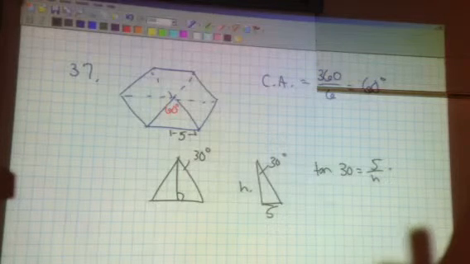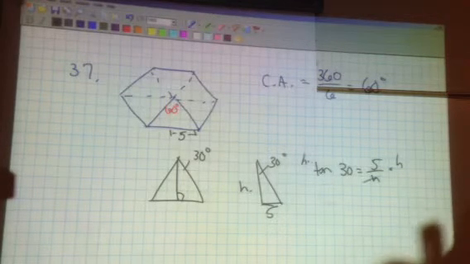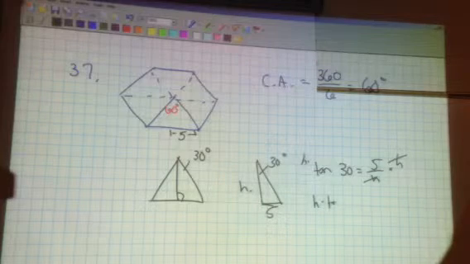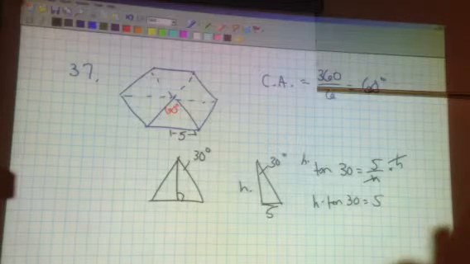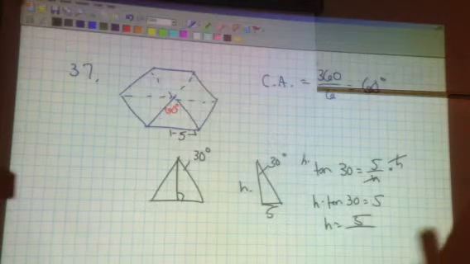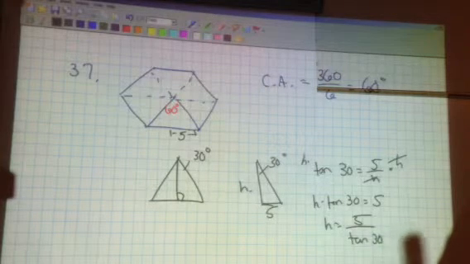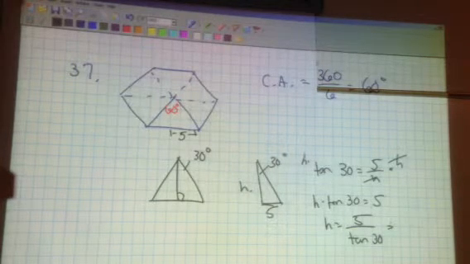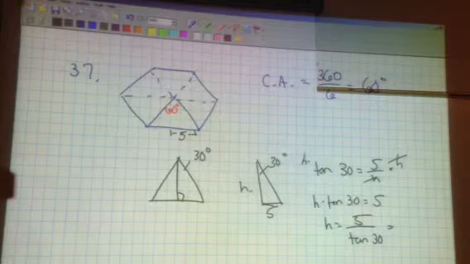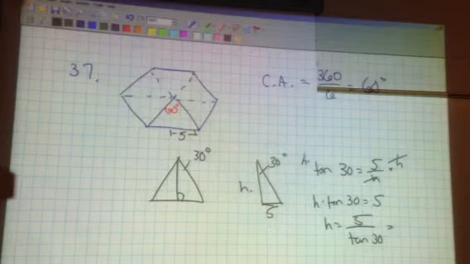Then I need to divide both sides by tangent of 30. So I get h times the tangent of 30 equals 5. H equals 5 divided by the tangent of 30, which you can put in your calculator. And you get about 2.88.